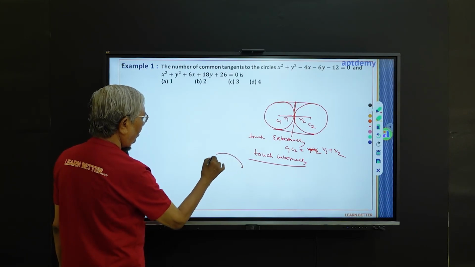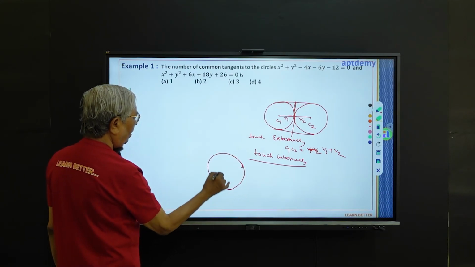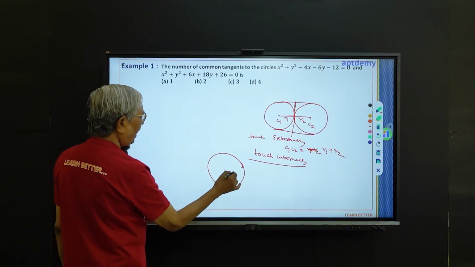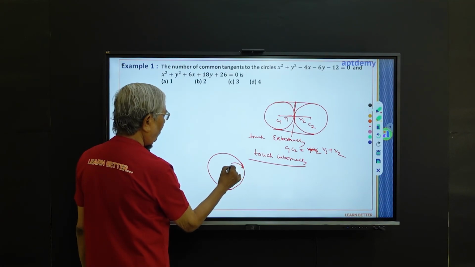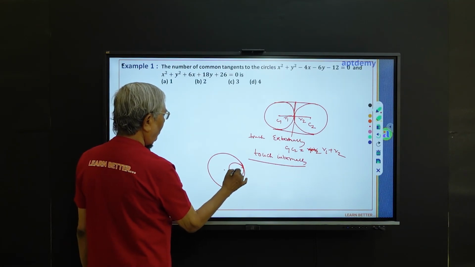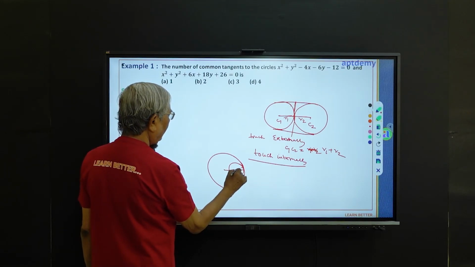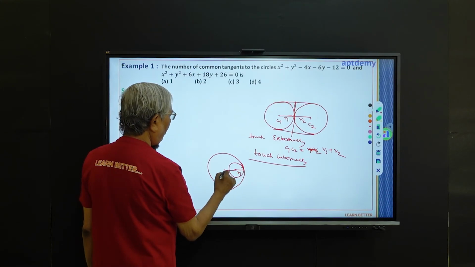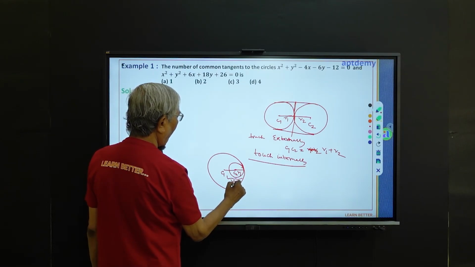Like this. Suppose here is a circle with this center, and the other circle will touch it. This center is C1 with radius R1, and this center is C2 and this radius is R2.